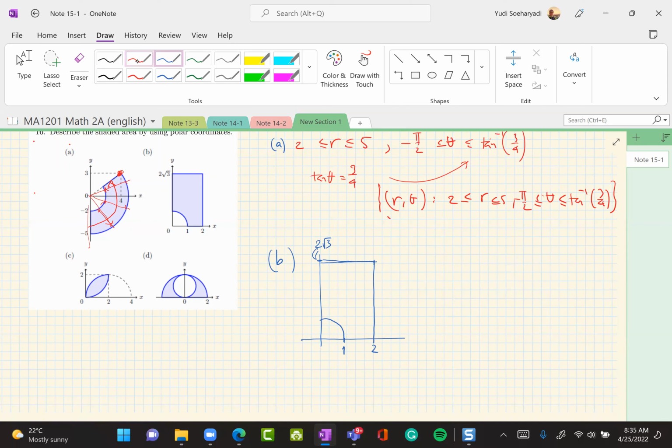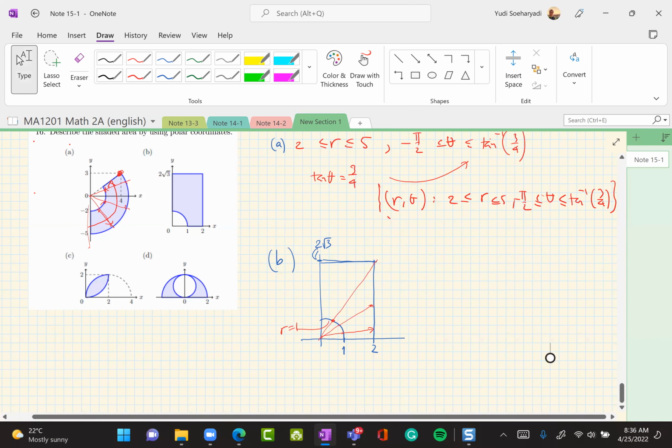So the radial starts from here and goes up there. Same thing. So this is r equals 1. We have to find the equation for this vertical line, from 1 till whatever here. Okay, but for here, you see, it starts from r equals 1, but ends up with something here.